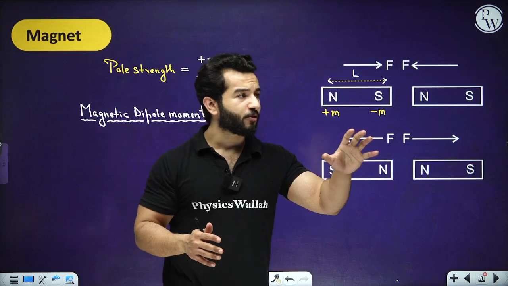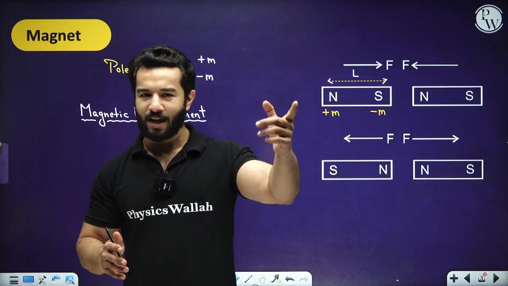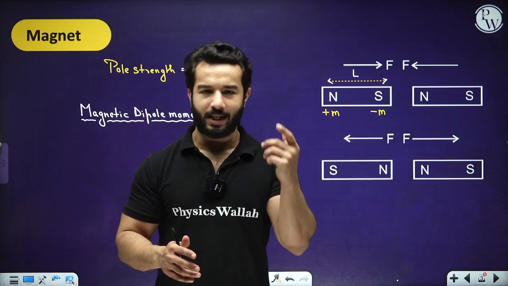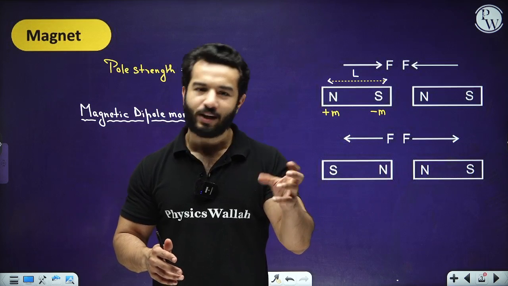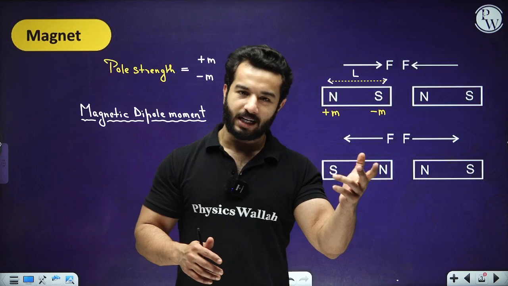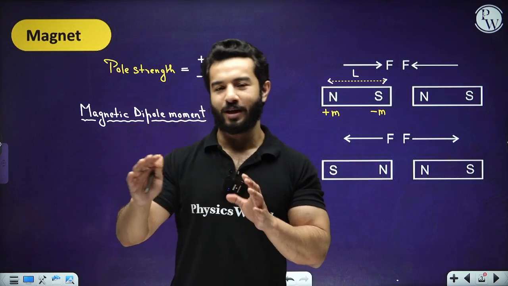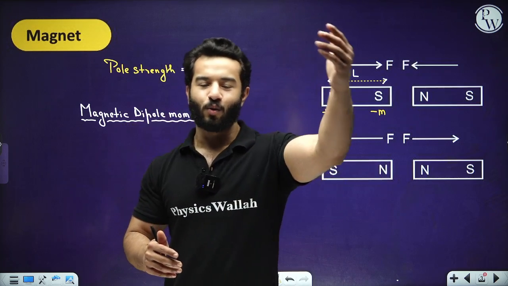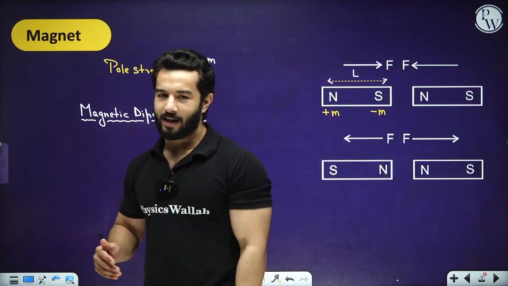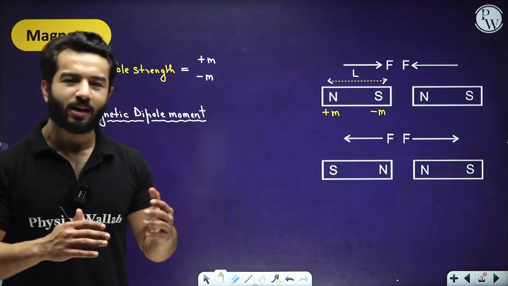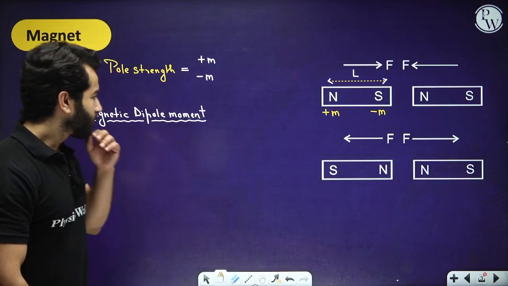So whatever you have learned in electrostatics about electric dipole moment in a uniform external electric field, work done on an electric dipole, torque acting on it, everything is going to be similar over here. We are going to just say it is analogous to whatever you have learned for the electric dipole. So it will be a good revision for all of you, right?